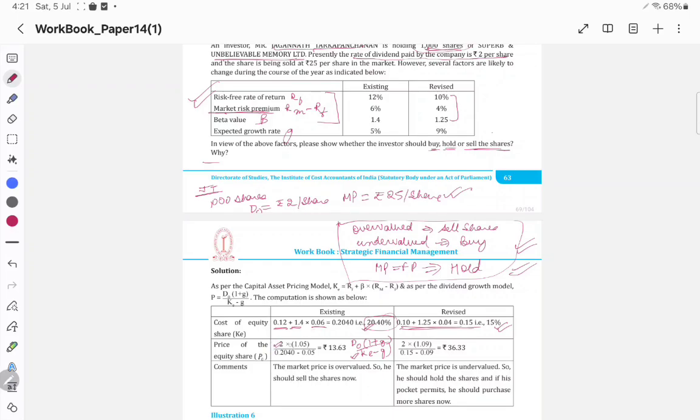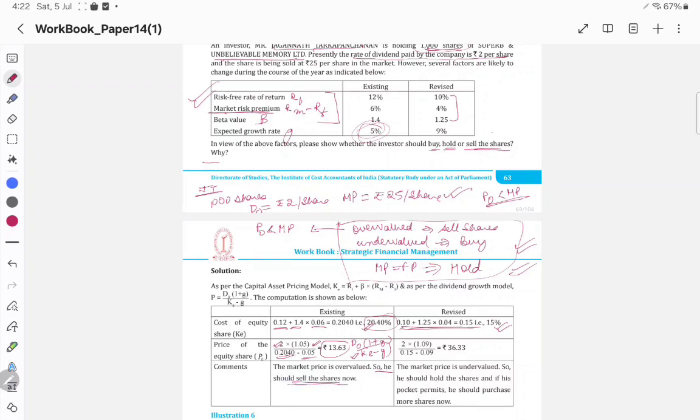Then 1 plus G, growth rate is given over here as 5%. KE you have calculated, minus G. It comes to 13.63%, which is this price, that is P0, is basically less than market price. So it means that the market is overvalued. You can even write over here so that it will be easier: since P0 is less than market price, the market is overvalued. So what you will do, sell the shares.